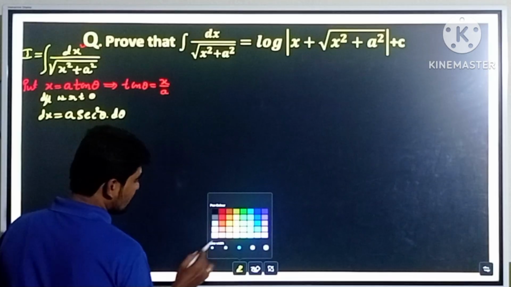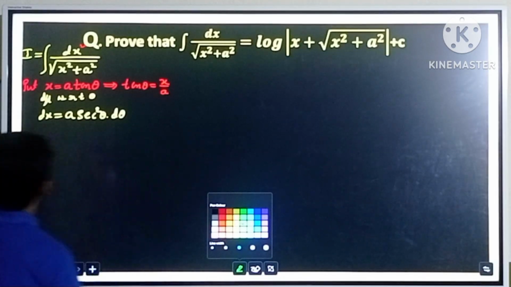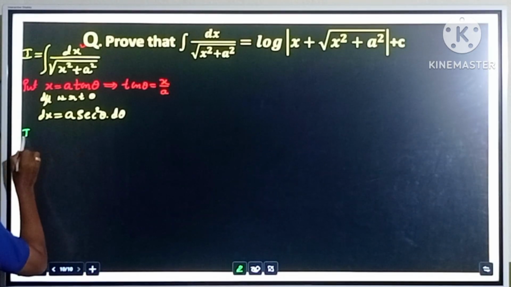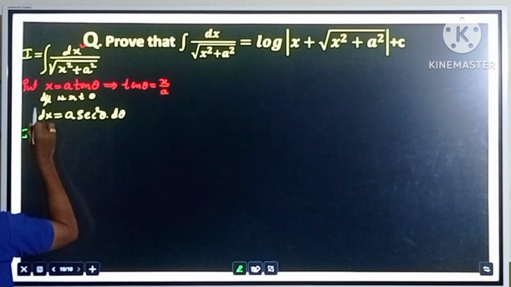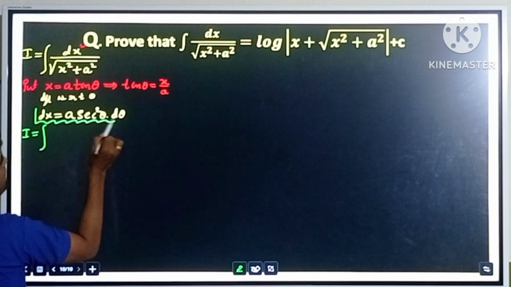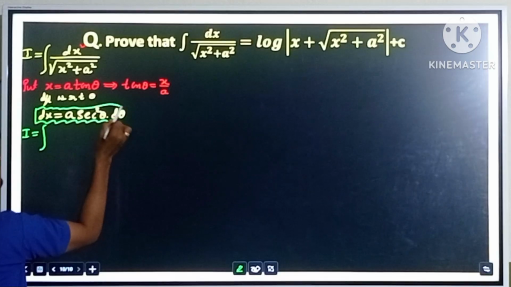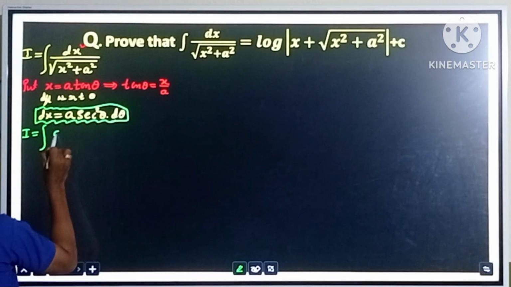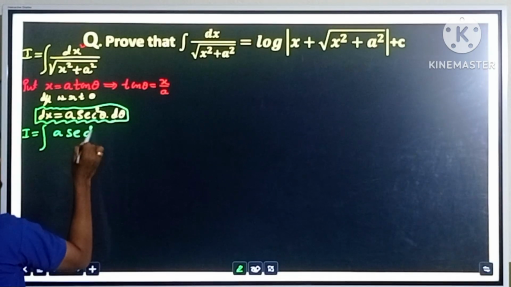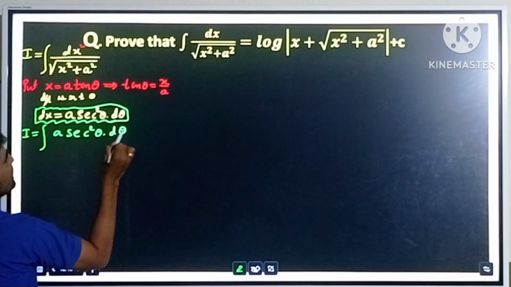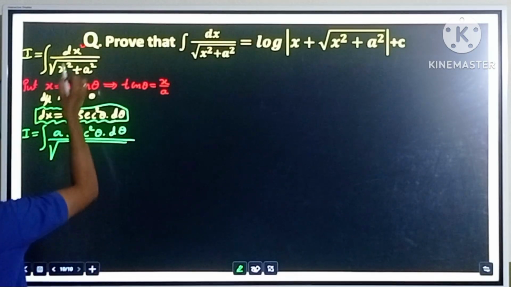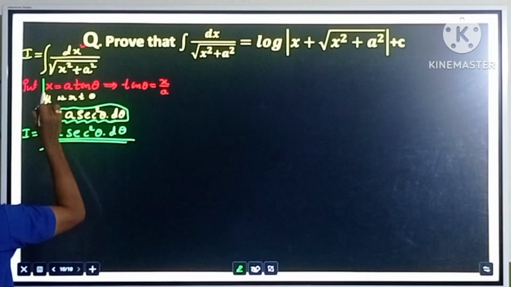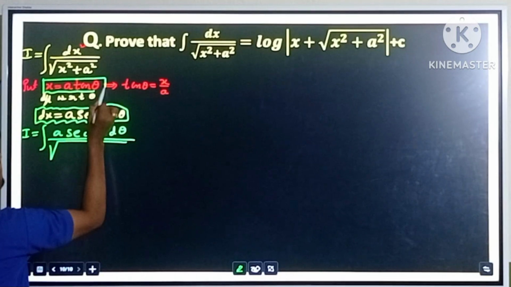Now by this substitution, I is equals to integration of, what is dx? dx is a secant square theta into d theta. Therefore, in place of dx, a secant square theta into d theta divided by square root of x square. What is x? x is equals to a tan theta.